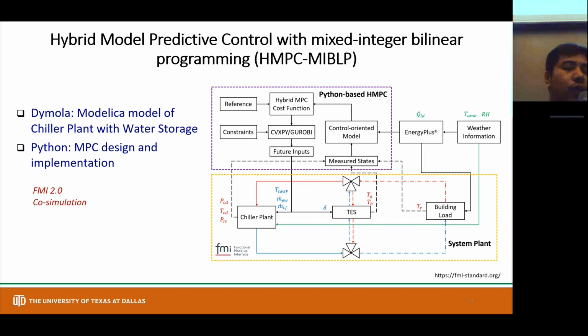In the simulation study, we built a co-simulation platform with FMI, where the FMI is output from Dymola, and Python is used to code the MPC controller, and then they exchange data in simulation.